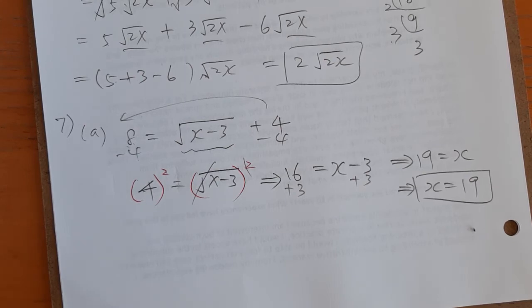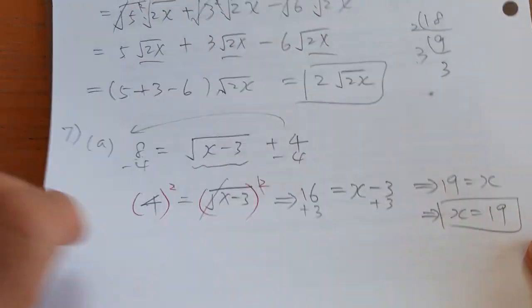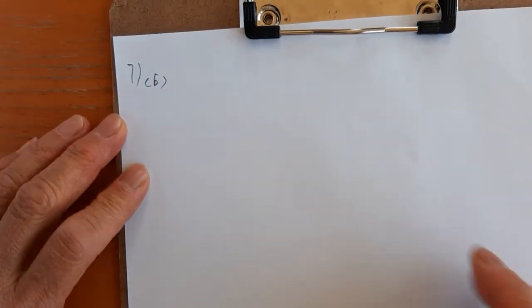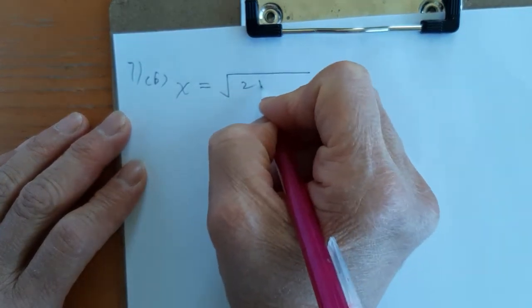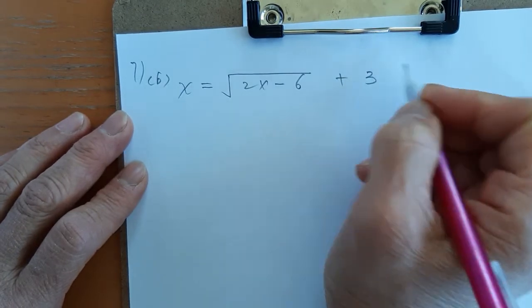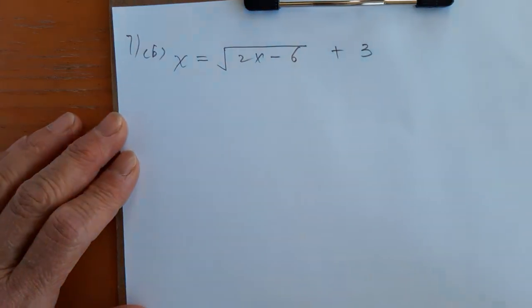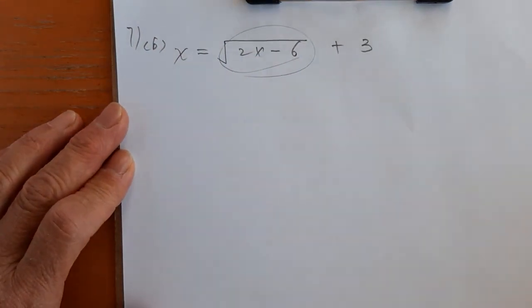Then 7b. Also solve the radical equation: x equals square root of 2x minus 6 plus 3. So first of all, we have to isolate this radical term on one side.